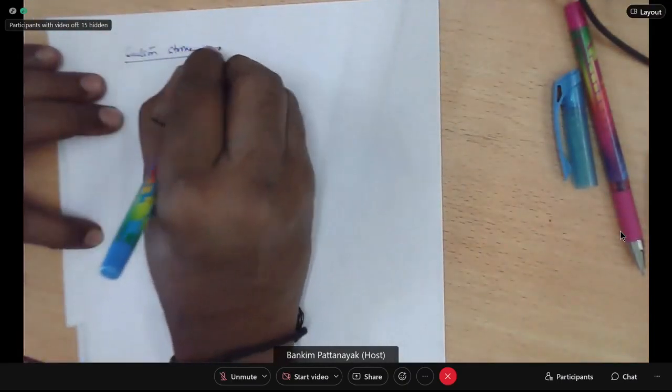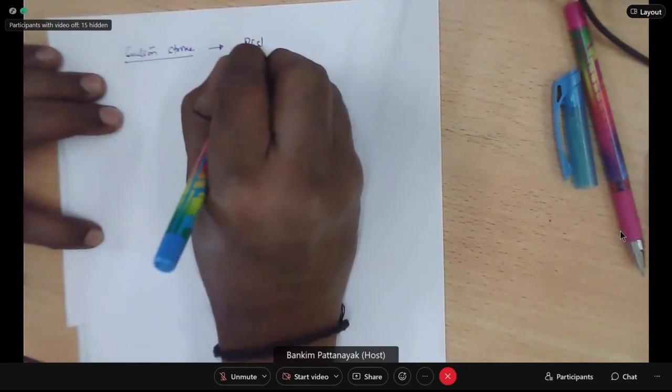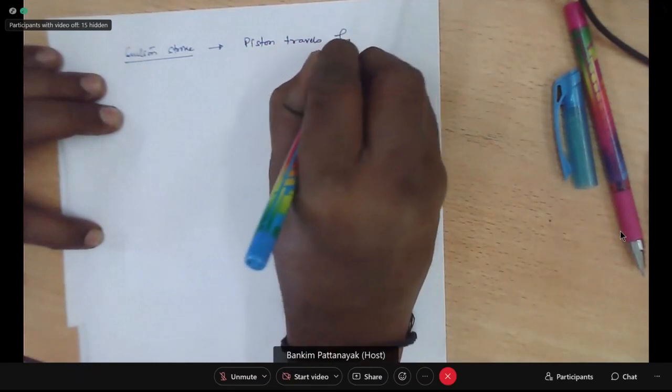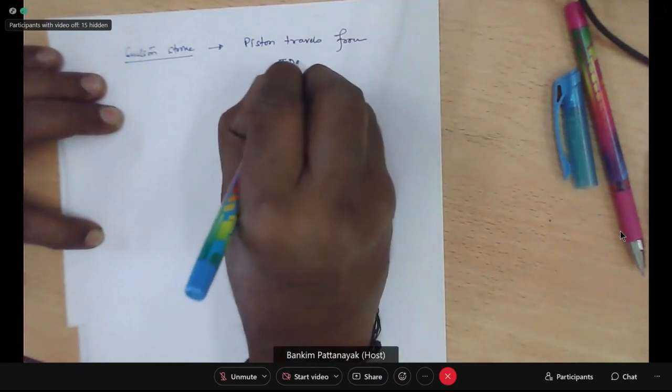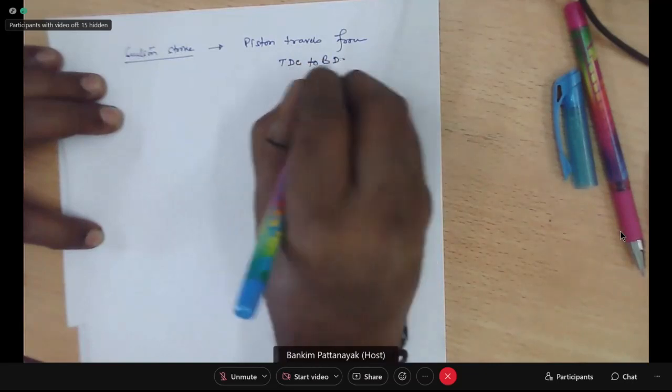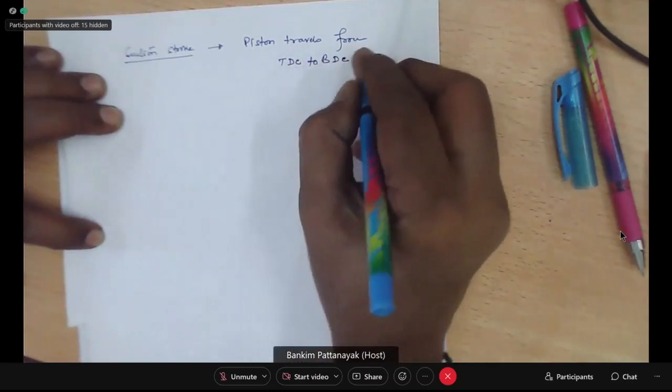During the suction stroke, piston travels from TDC to BDC, top dead center to bottom dead center.